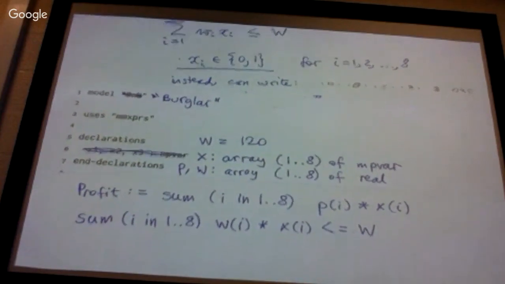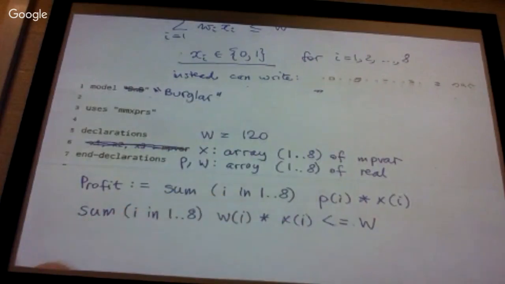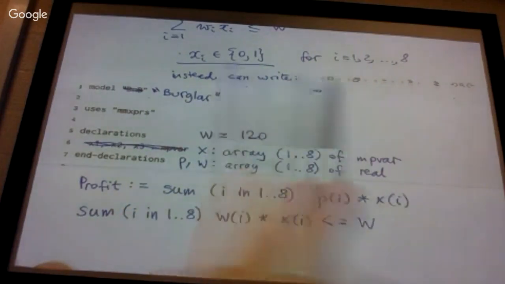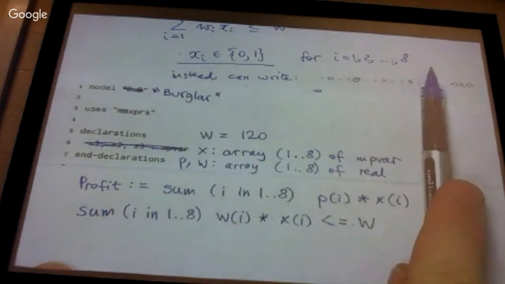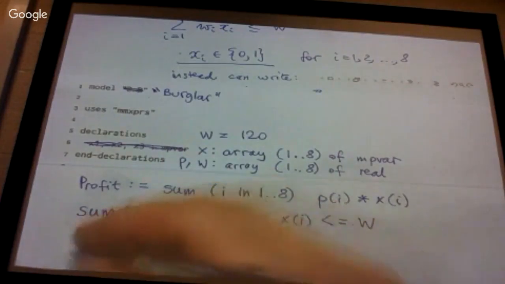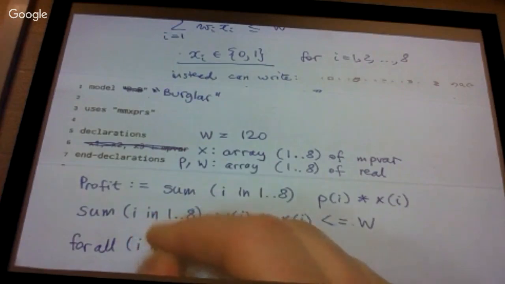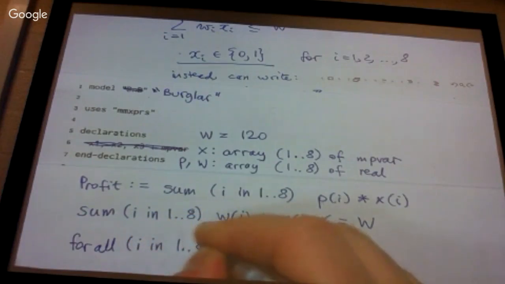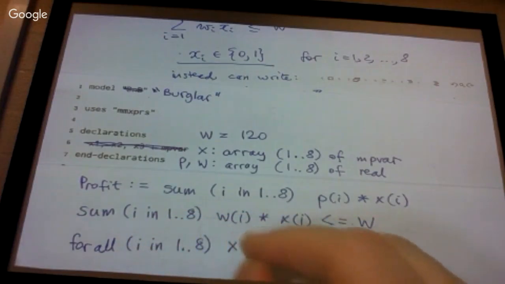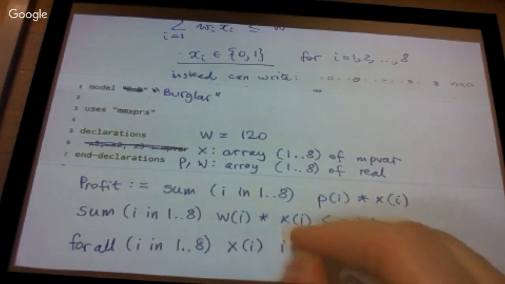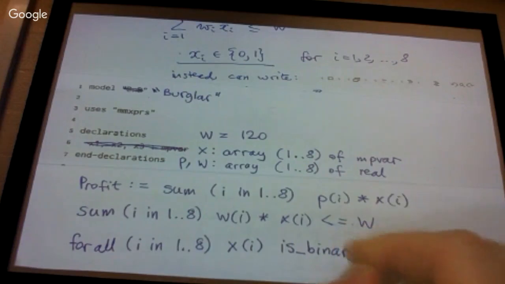And the thing that's new is that you would have to say that they're all binary variables. So what you do is forall, and the word for this is is_binary, with an underscore between is and binary.